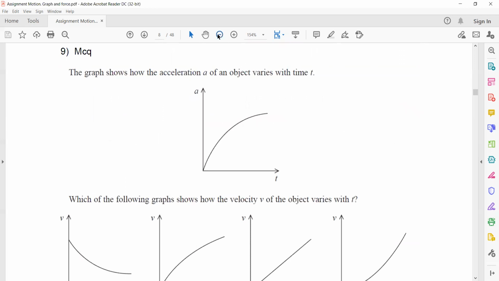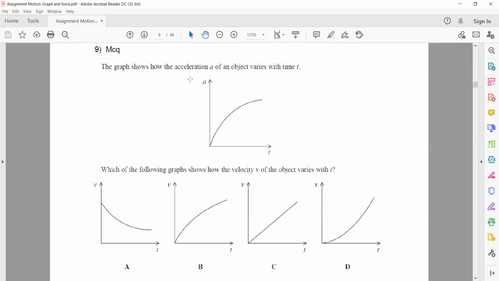Then the next part, the graph shows how the acceleration of an object varies with time. Which of the following graphs shows how the velocity varies? Basically, acceleration is increasing. We know in a velocity time graph, the slope represents acceleration.